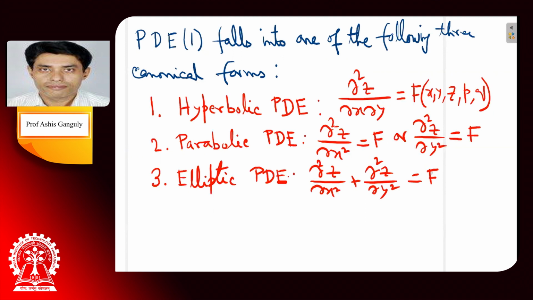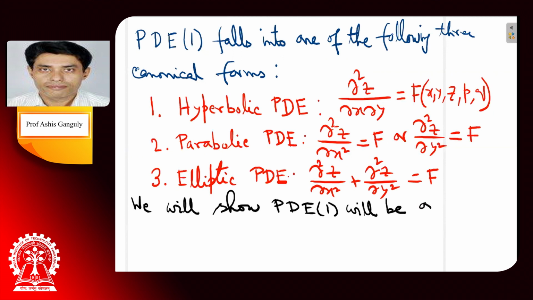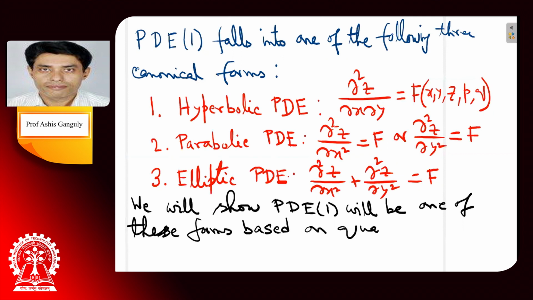Now, we will show that PDE 1 will be one of these forms based on the values of a quantity s square minus 4RT.